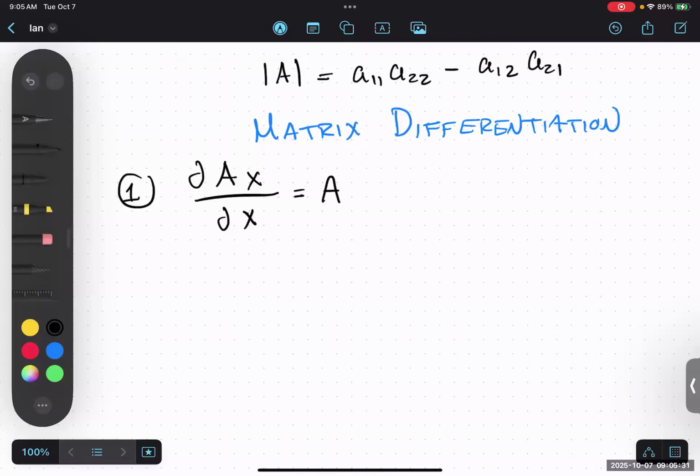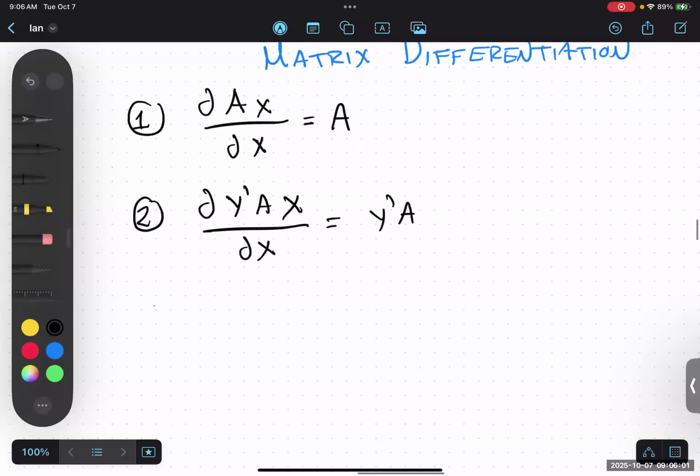So the derivative of A times x is just A. The second property tells you that maybe what you have is the product of a matrix and two vectors. And if you want to take the derivative with respect to vector x, well, this is pretty much like in calculus. It's just y transpose A.